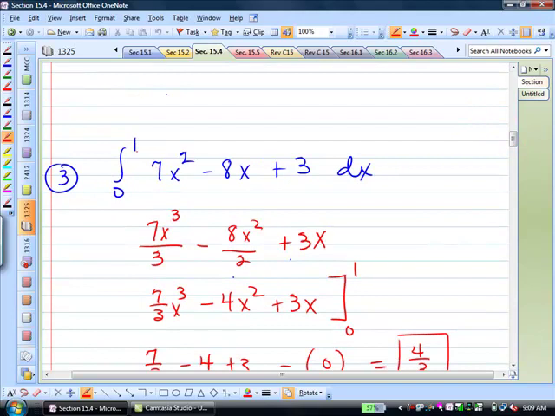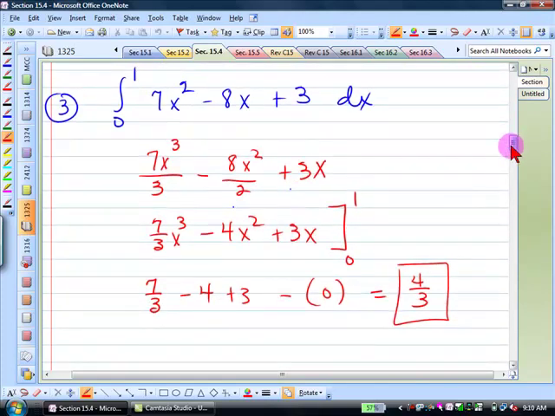Integral from 0 to 1, 7x squared minus 8x plus 3 dx. You have 3 pieces. We're going to take the integral of those 3 pieces. We end up with 7x cubed over 3 minus 8x squared over 2 plus 3x. So the integration there is pretty easy. We're going to evaluate it at 1 and 0. Plug in 1 in the first part.